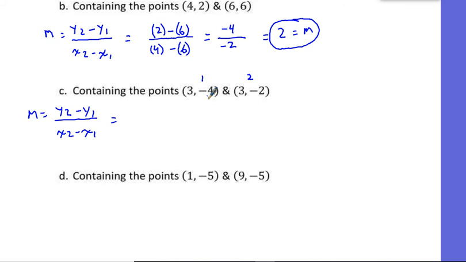So x1, y1, x2, y2. Negative 2 plus 4, because I substitute a negative 4 and I'm subtracting that. Subtracting a negative is adding a positive. So negative 2 plus 4 over 3 minus 3.